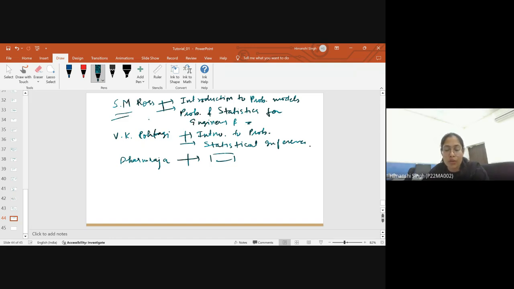I have also discussed the algebraic structure and the theoretical concepts involved in probability, the axiomatic approach to probability, and those concepts are very well given in Rohatgi's book. However, S. M. Ross is more on the application side, like how questions are solved and approached in an applicative way, but theoretical concepts you can better understand from Rohatgi. So it is basically theoretical.